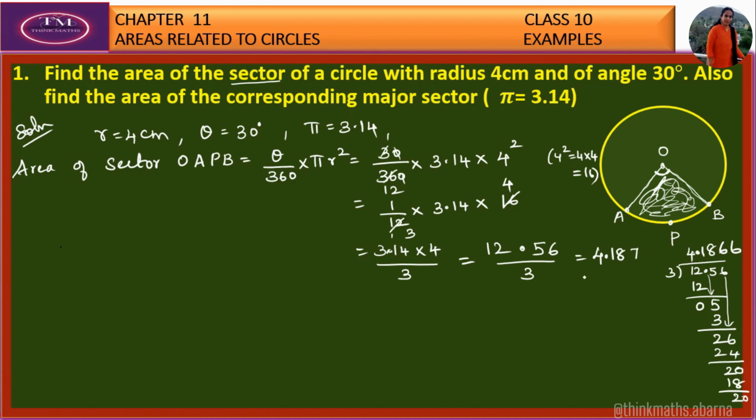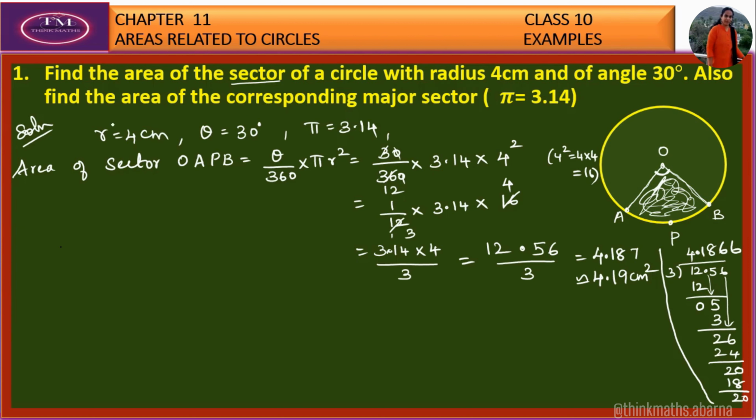If you approximate to 2 decimal places, it is 4.19, since this digit is greater than 5 so you can add one to the number here. So 4.19 centimeter square. This is the area of the minor sector OAPB.